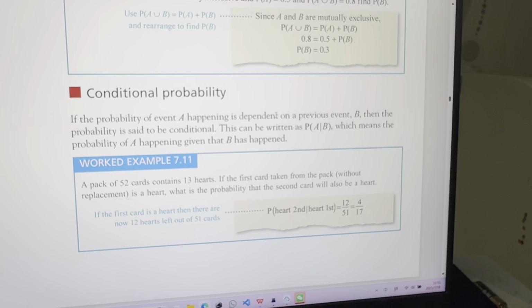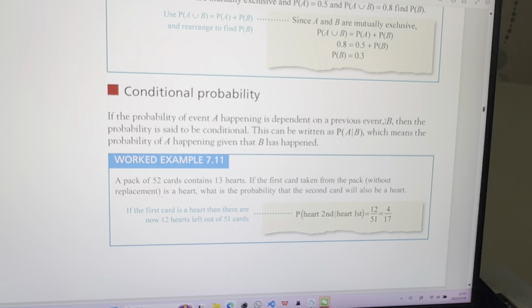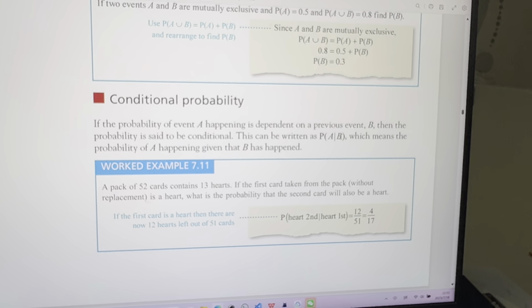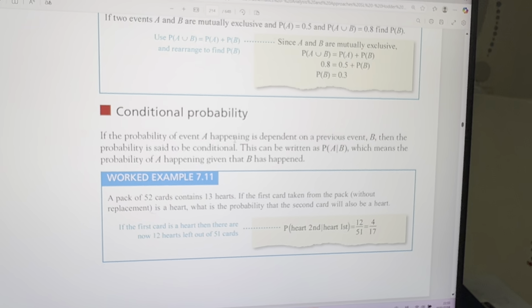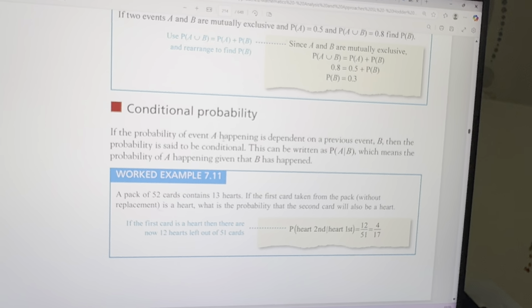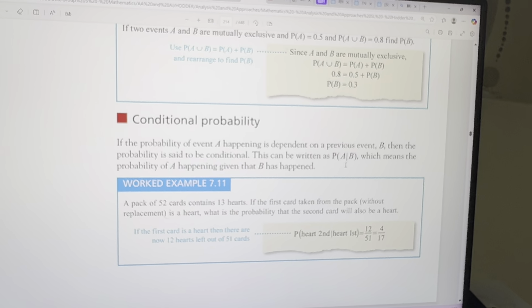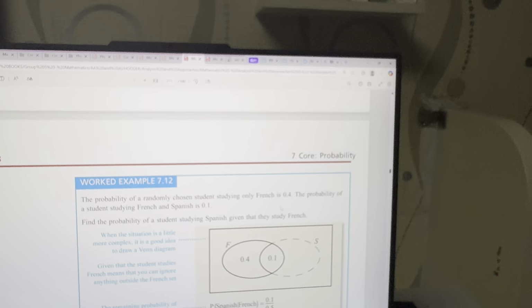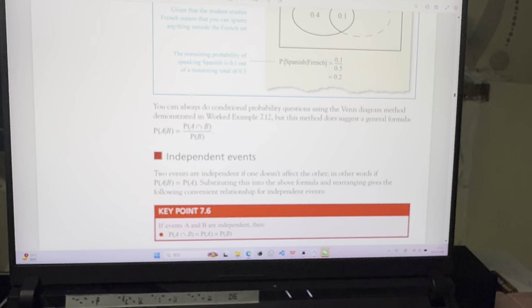You see, the previous event B comes right after the line. The event happening is the event we want to calculate, and the first event is before the line. So it is a formula.